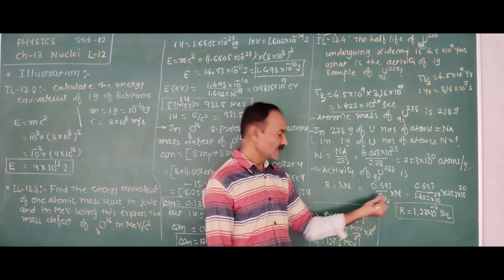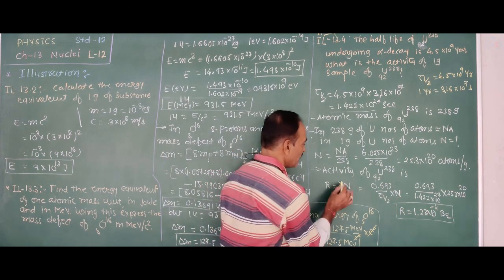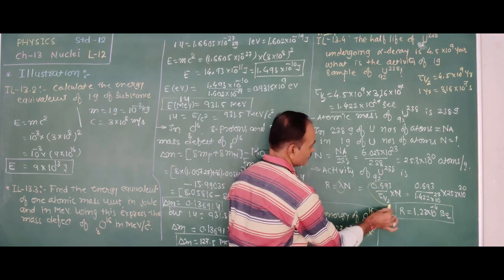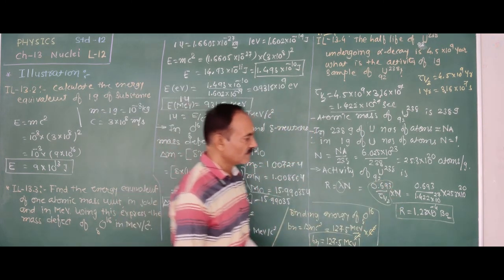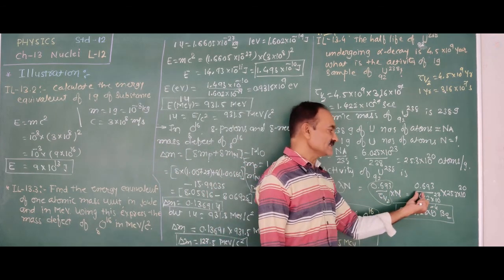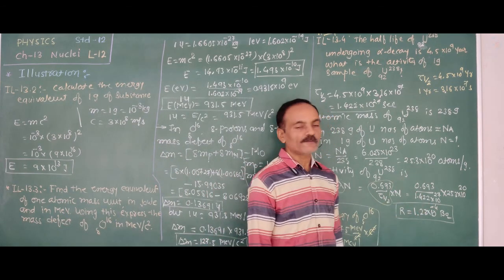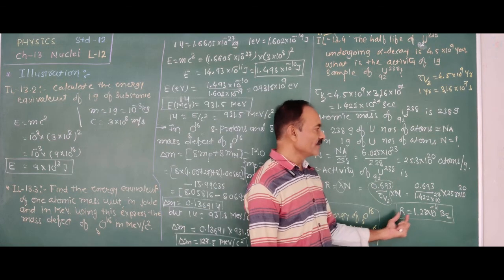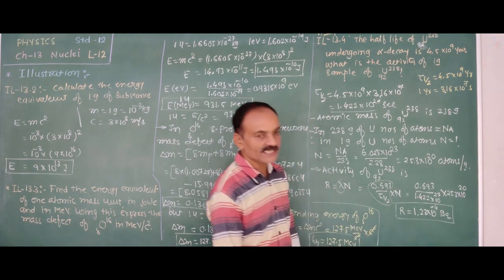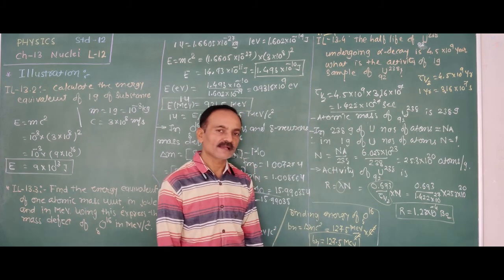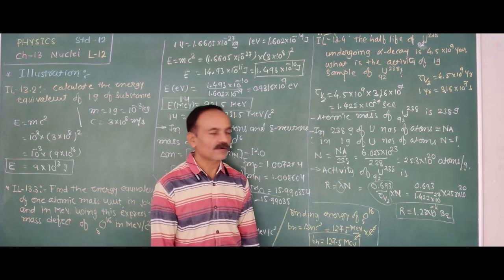That means instead of lambda, we substitute 0.693 upon tau half into N. And we substitute all these values, we obtain the activity of 1 gram of uranium, 1.23 into 10 raised to minus 4 becquerel. Right? Okay.